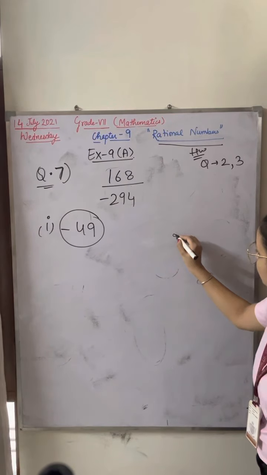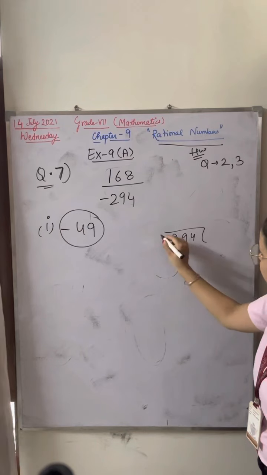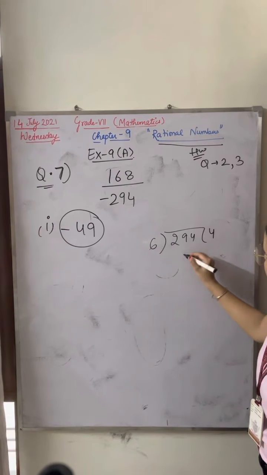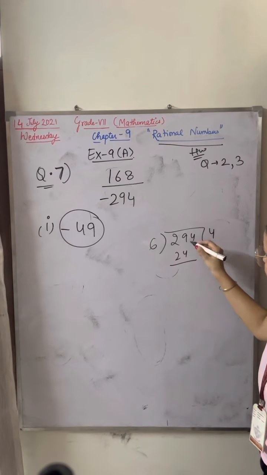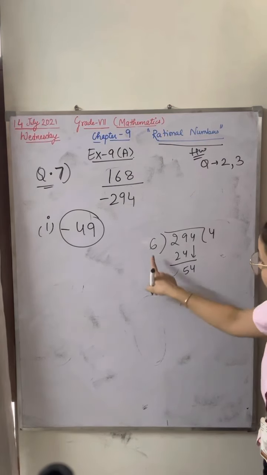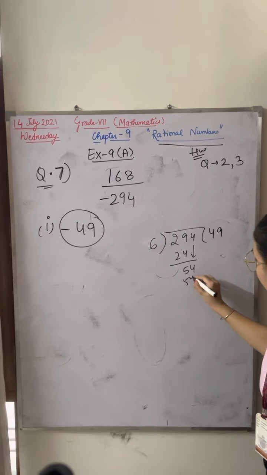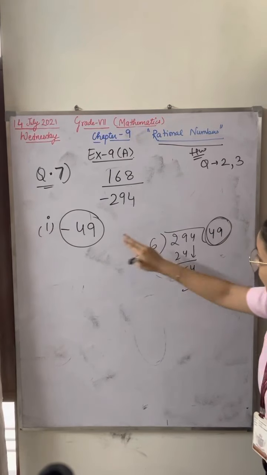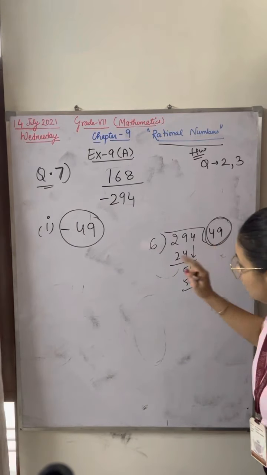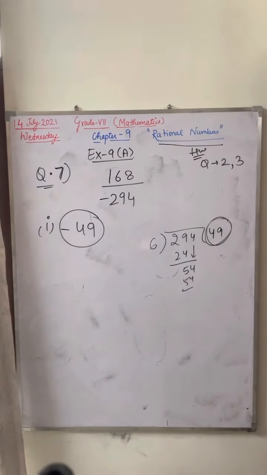If I divide 294 with 6, 6 4s are 24, and 5 is left, and 4 comes from here. Now 6 9s are 54. I'm getting 49.